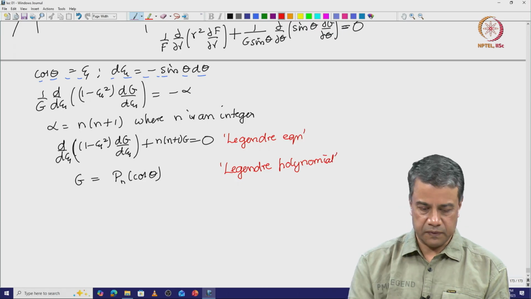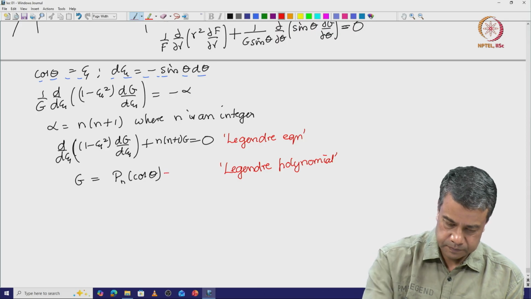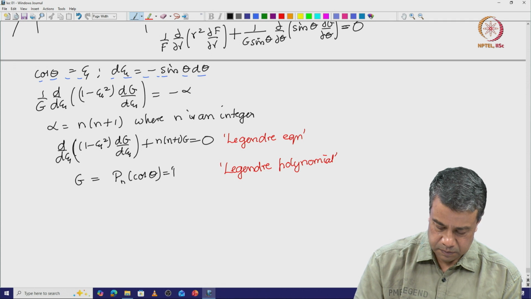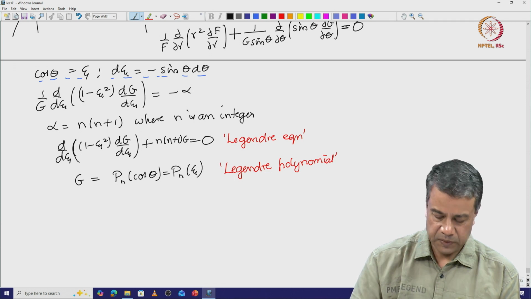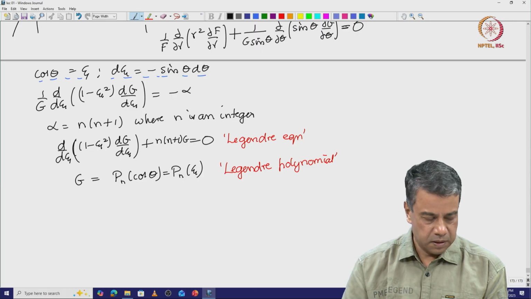Okay, P n of cos theta, which is the same as P n of psi.